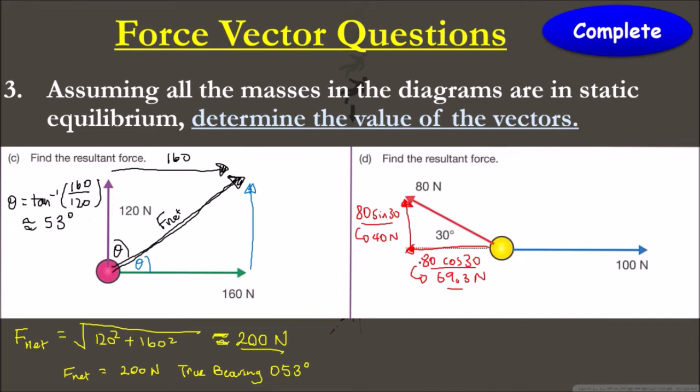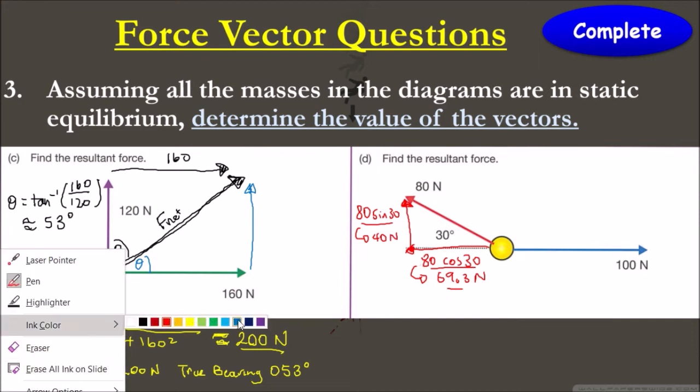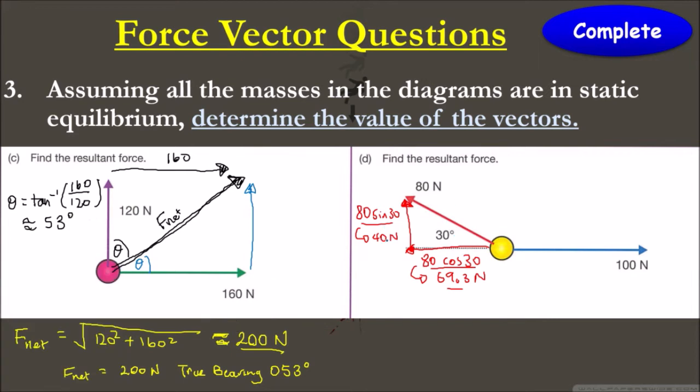Now if we do the add up, say for example, if I draw it out, this 40, there is no other vertical component, so we can just safely draw this as 40 up this way. Here, this is 69.3 going in the opposite direction of our 100 in this direction here.